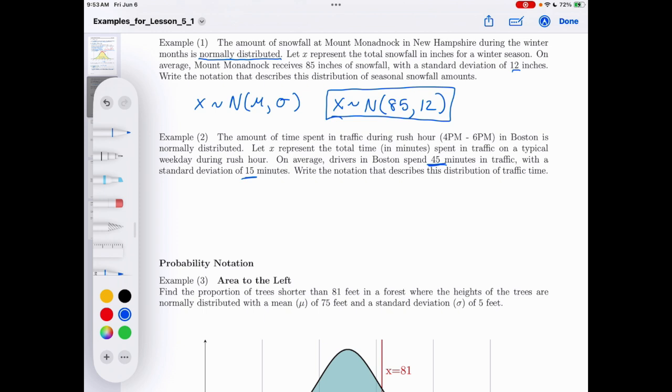Write the notation that describes this distribution of traffic time. So, because this is a normal distribution, we're going to write capital N after the tilde, and then we're going to put in the mean, which is 45, and then the standard deviation, which is 15.